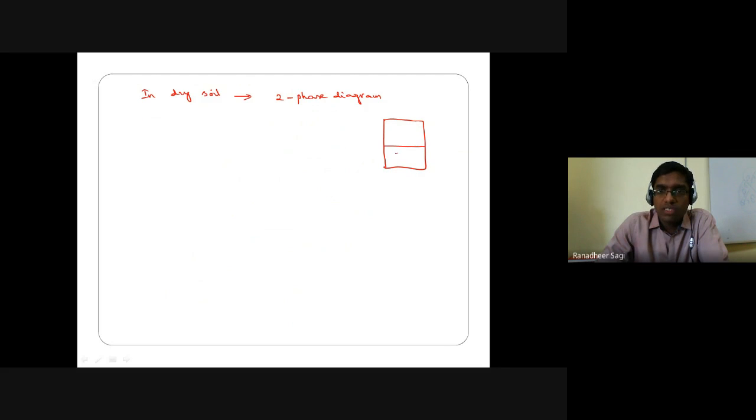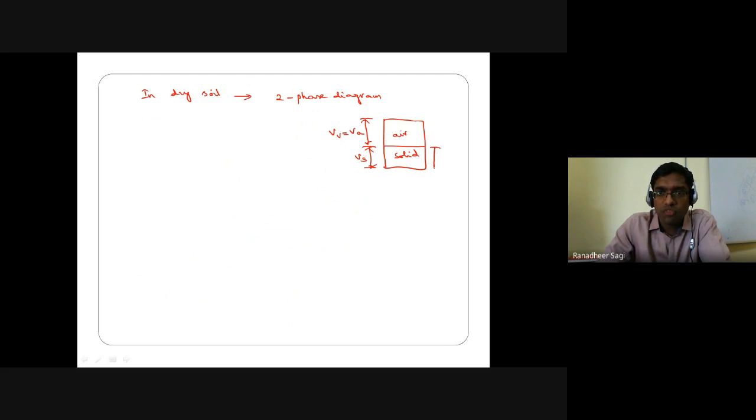So what we'll have is a solid phase, and the other is the air phase. This is your volume of solids, and the volume occupied by air is what I can indicate as volume of voids.